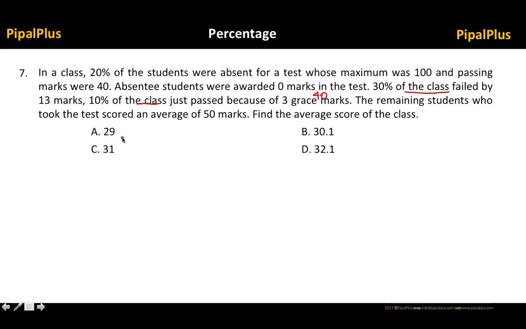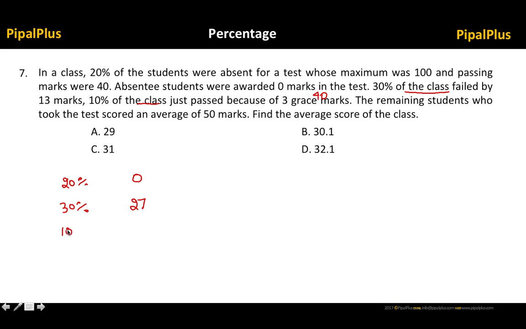Okay, so let's look at this breakup. 20% of the class has scored a 0 because they were absent. Another 30% of the class has failed by 13 marks, so they have scored 40 minus 13, 27 marks each, right?